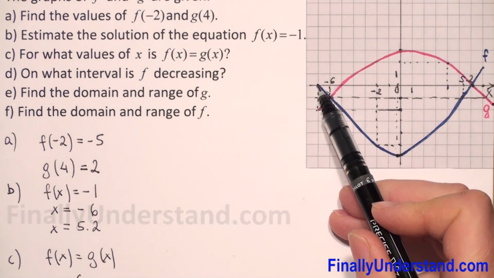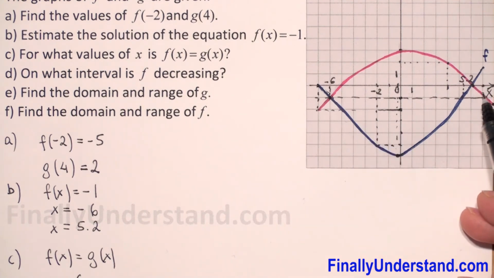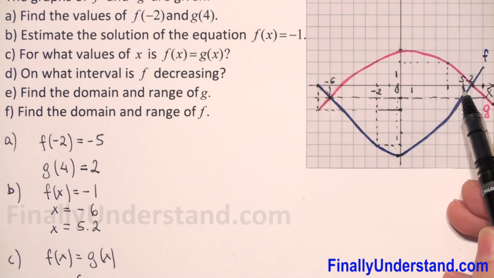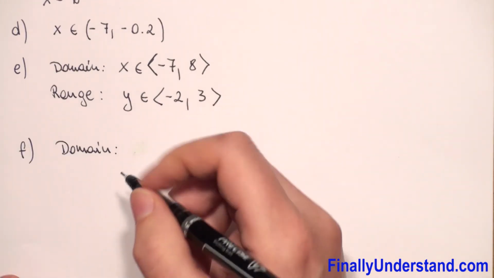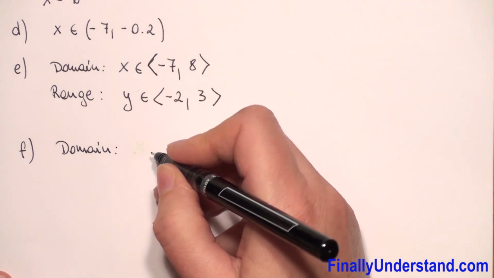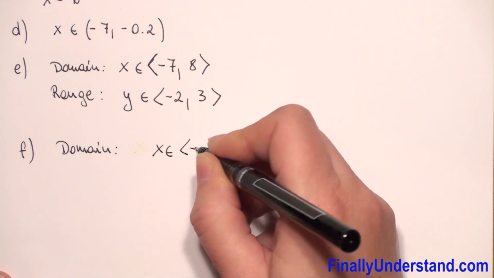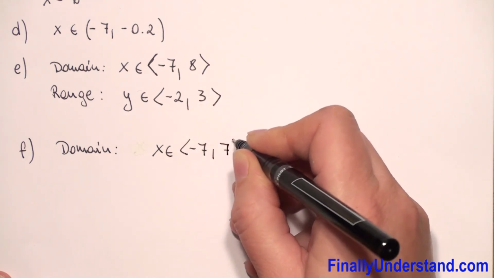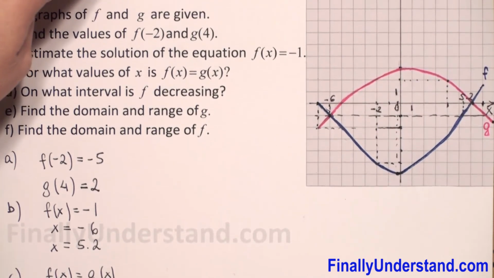It's again negative 7 and is going to this point. Let's check 1, 2, 3, 4, 5, 6, 7. So the domain for the f function is x from negative 7 to 7. Closed on both sides.